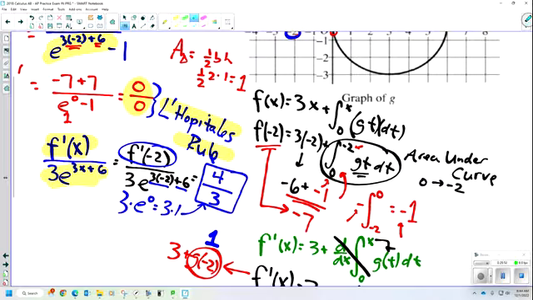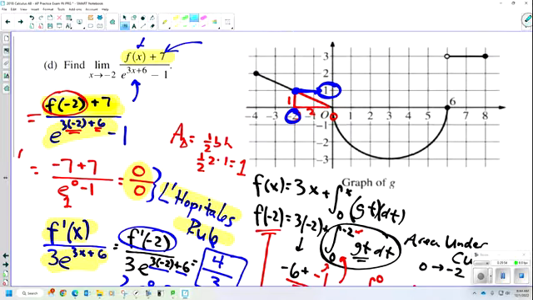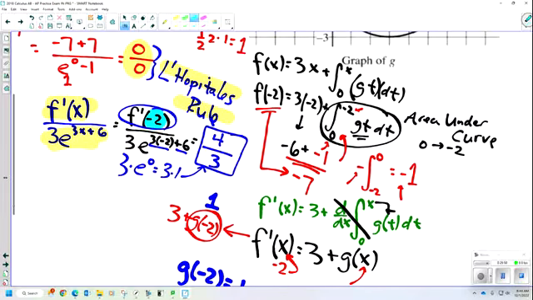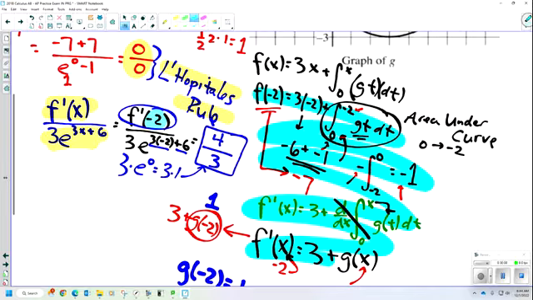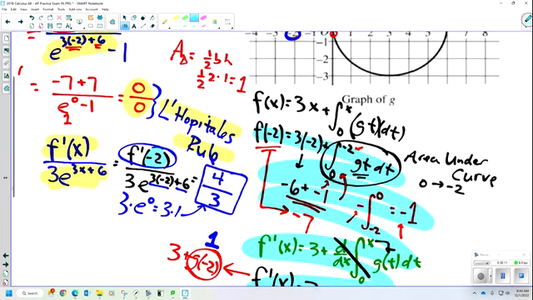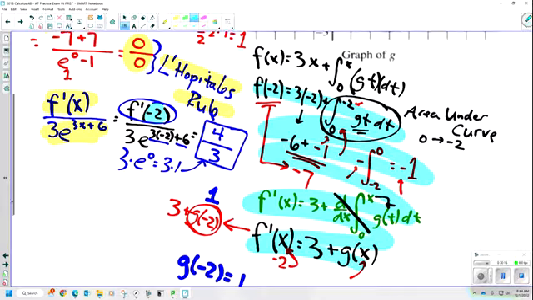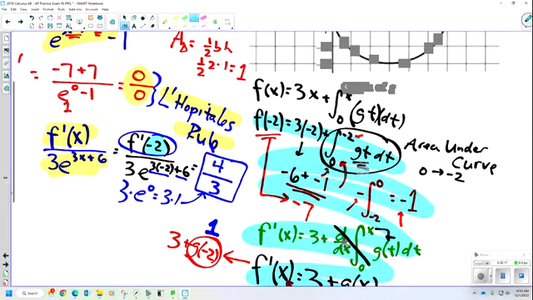Remember, why are we trying to throw in a -2 again? X should be -2. So I throw a -2 into this derivative, and I do all of this work to get 4. So that's the numerator. And then we just did this algebra and got our 3.